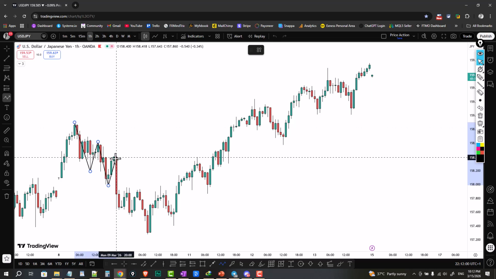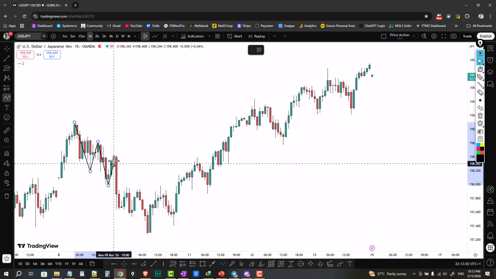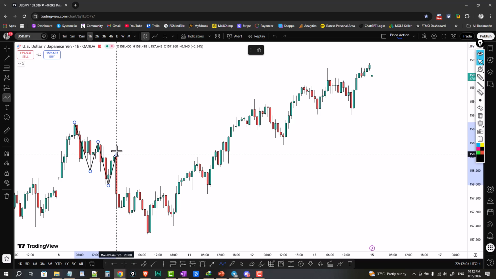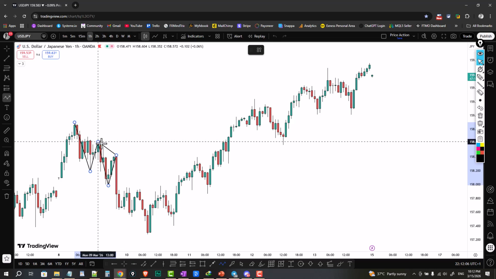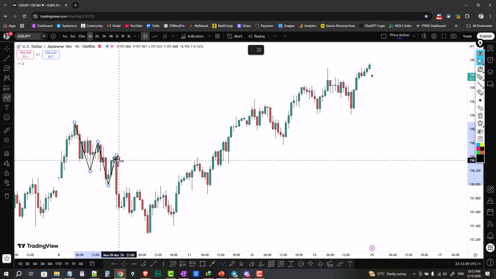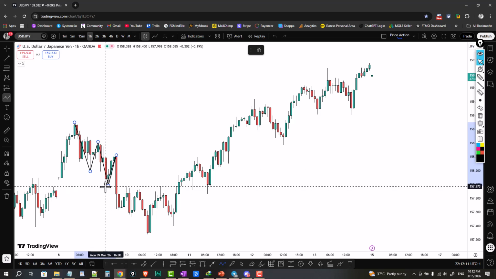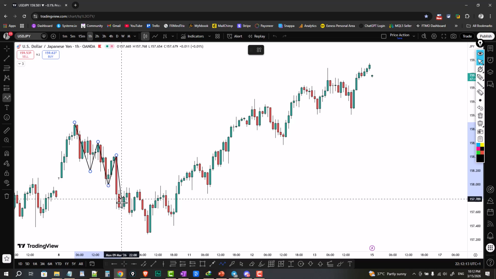Again, price got rejected at this level, and then it formed this high, which compared to this high is actually lower. So this is also a lower high, and then price eventually broke below this level where it was struggling to break below. And so you can see clearly this is the market structure of a downtrending market.